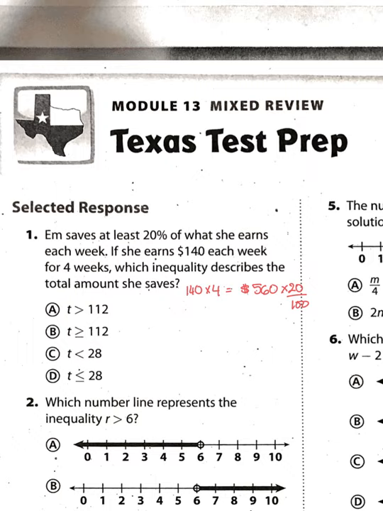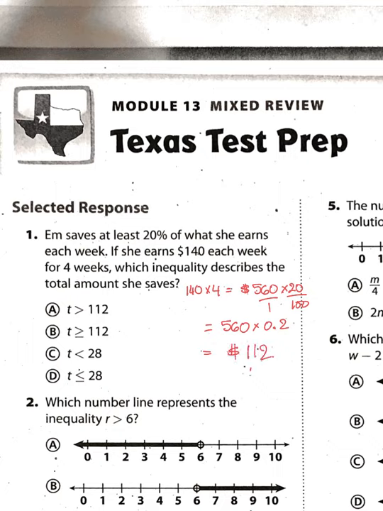Or if you like to do 560 multiplied by 0.2, you can do that. 20%, 20 out of 100, means 0.2. And if it's easier for you that way, do it. Give you a moment to multiply it. After you multiply, you should get $112. This is your saving.